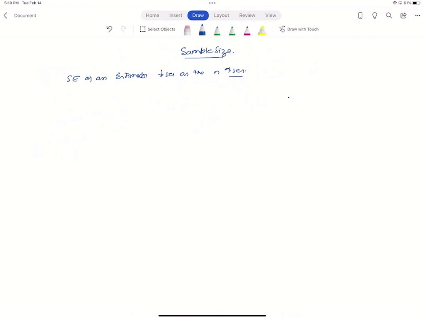For example, if we want to estimate the population mean of a target variable, the variance of y bar is s square by n, 1 minus n over N, and the square root of that would be the standard error. So as n goes up, the variance will decrease.